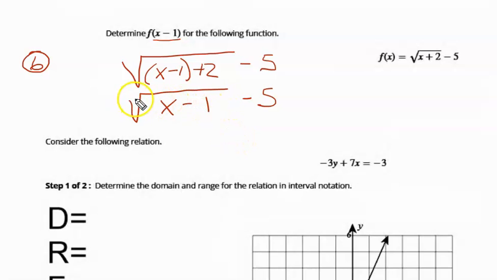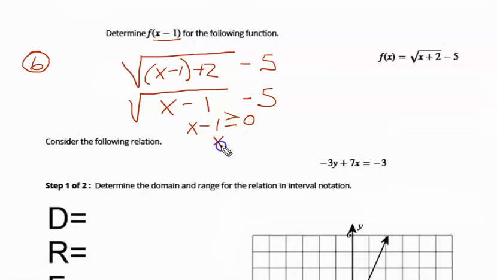But let's also use this to determine the implied domain of this. Well, what values of x would make this 0? Well, again, we use that same technique. X minus 1 is greater or equal to 0.